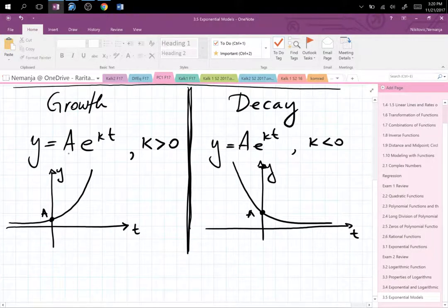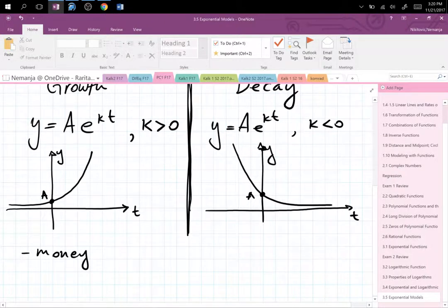Observe that the function looks the same. It's the constant k, the one that's in the exponent, which tells you whether you have growth or decay. When k is positive, it's growth. When k is negative, it's decay. So for growth, we have money. You want to see money grow in an account. And we have, let's say, population.